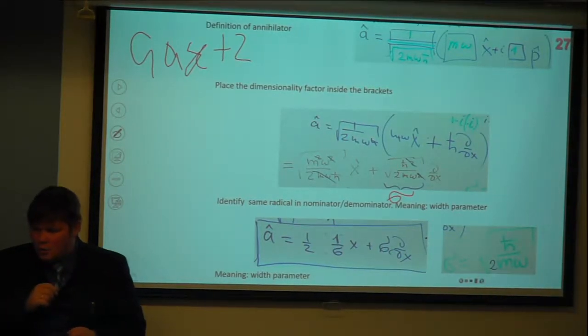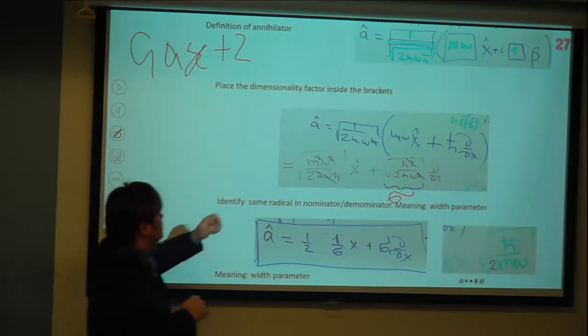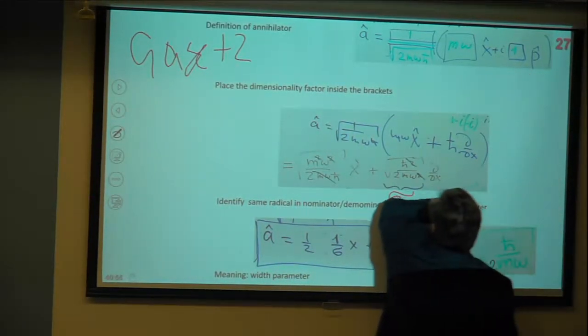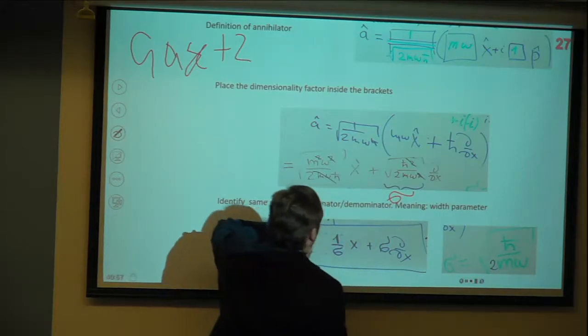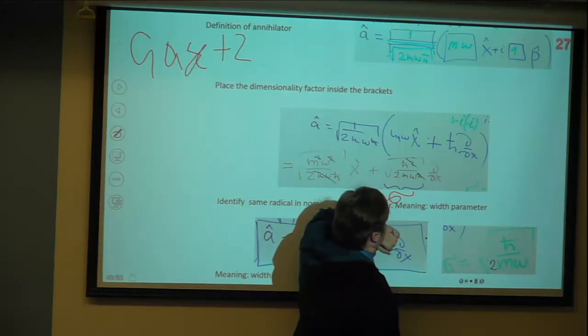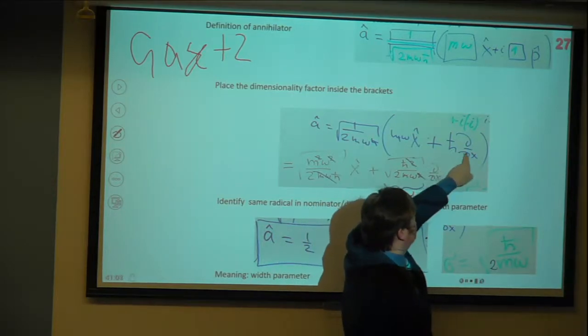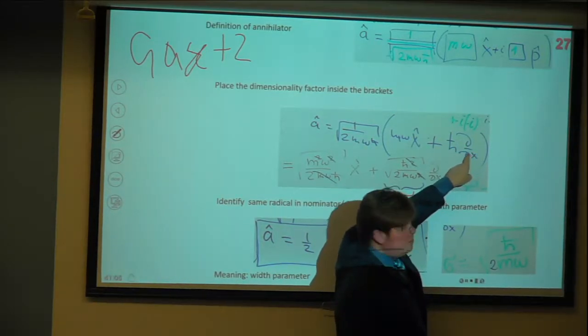So we are defining the annihilation operator as a superposition of position and momentum. We are plugging in minus i h bar d/dx instead of momentum, right?